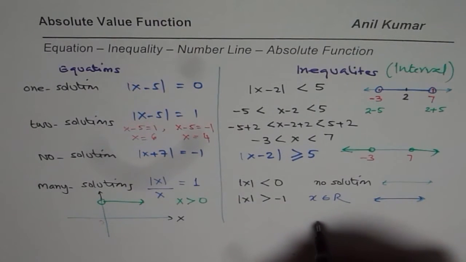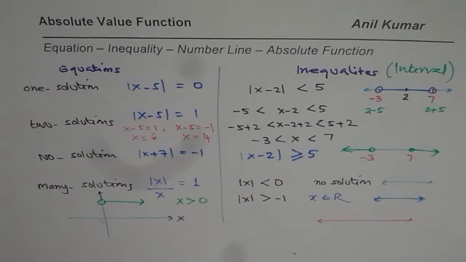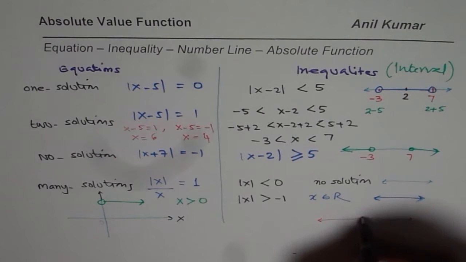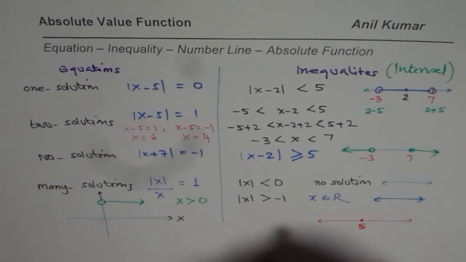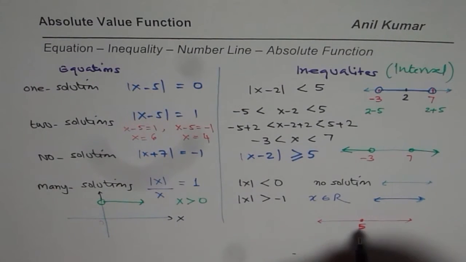So let us say this is an example which has only one solution. Let us say 5 is my solution. Can you tell me what kind of inequality will have just one solution, and that is 5? This is your question. Can you write down an absolute function whose solution is just 5?